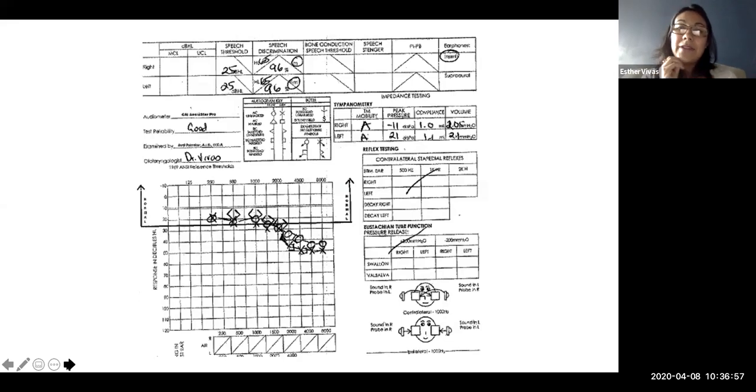Okay, bilateral high frequency sensorineural loss, good. Are there any red flags in this test? Anything that is worrisome, or what would be the most likely diagnosis in this person? Let's say it's a 55-year-old male. Exactly, presbycusis versus noise exposure.